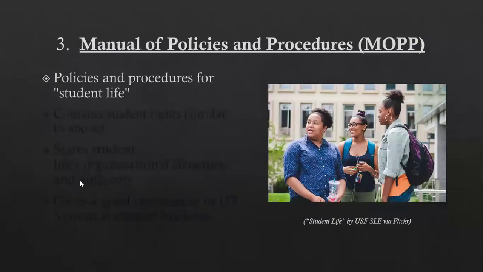Now, finally, let's look at the Manual of Policies and Procedures, otherwise known as MOP. MOP contains the institution's policies and procedures for an area of university life that higher education calls student life.